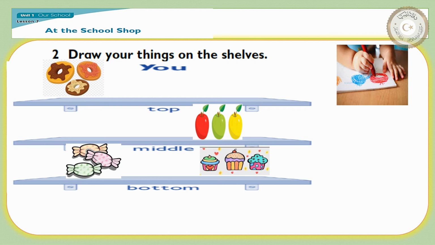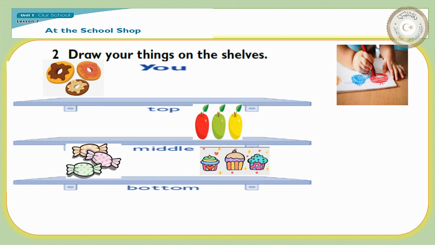Then I put them. We have here 1 shelf, 2 shelves, 3 shelves: top, middle, bottom. So where do I put my cookies? On the top, my apples in the middle, my sweets on the bottom, and my cakes on the bottom.